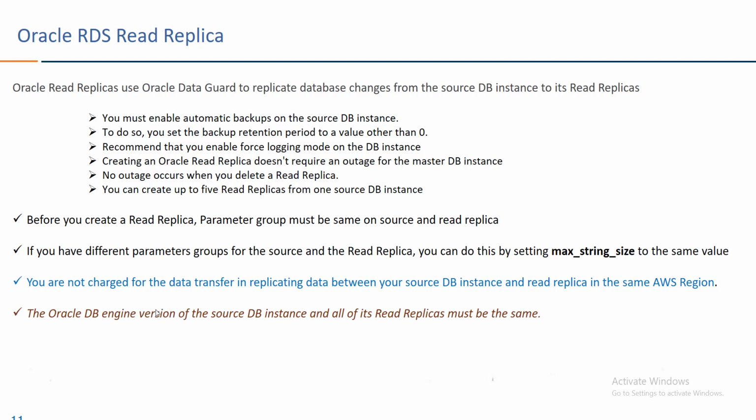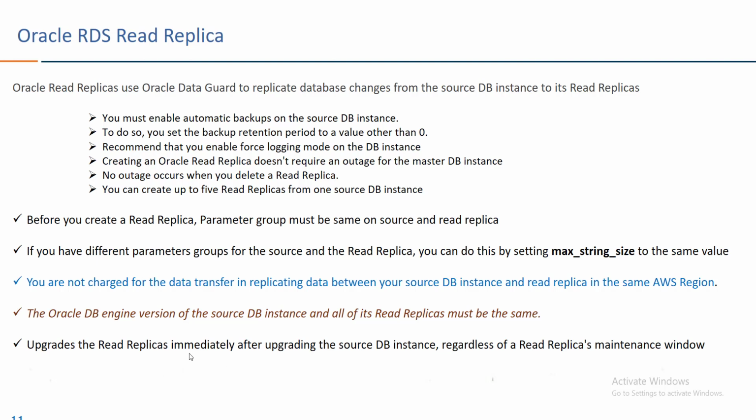The Oracle DB engine version of the source DB instance and all its read replicas must be the same. Am I right? If you want to use Data Guard, source and target must be the same. If you are doing an upgrade on the source, very similar to the Data Guard concept, your read replica needs to be upgraded immediately, regardless of the maintenance window.